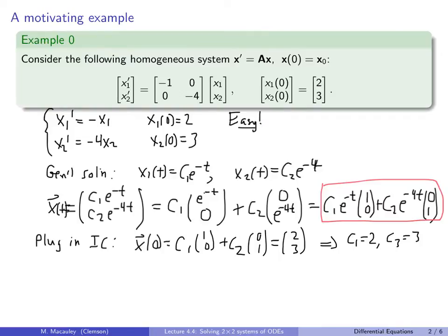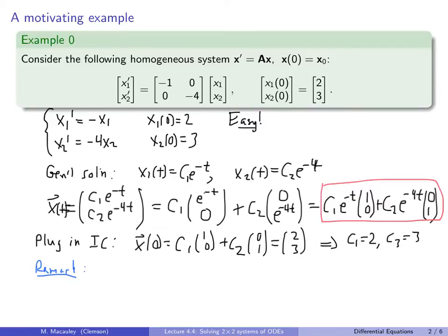So one thing that I want to show you, I'm going to call this a remark. So this matrix here, the eigenvalues are -1 and -4. This is pretty easy to see. If you haven't dealt with eigenvalues and eigenvectors before, it may not be something that you guess, and that's fine.